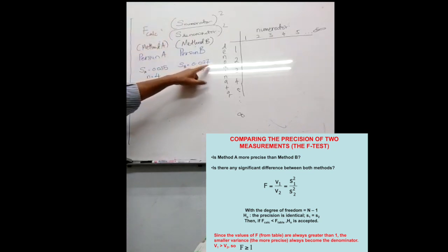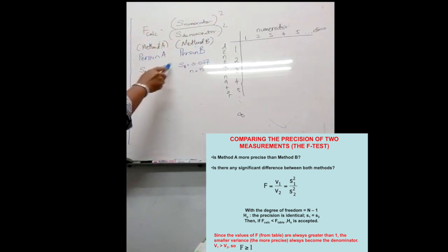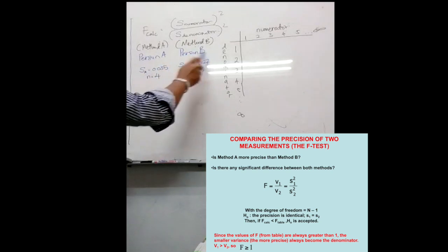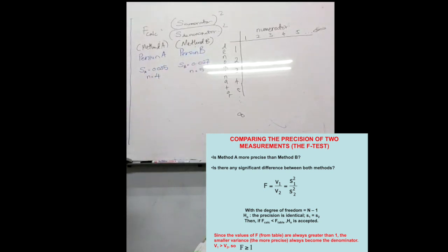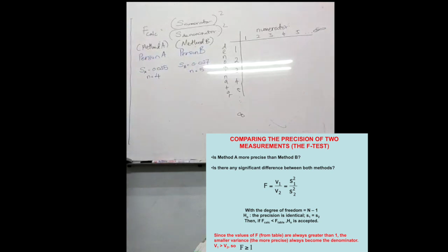Because this is the lower, this one becomes the denominator. So to calculate F calculation, it is the standard deviation to the power of 2 for the numerator divided by the standard deviation squared for the denominator. Whatever the comparison, if this is higher than this one, this becomes the numerator.